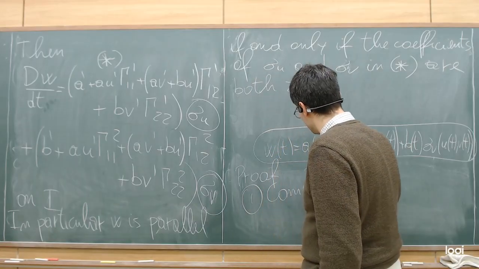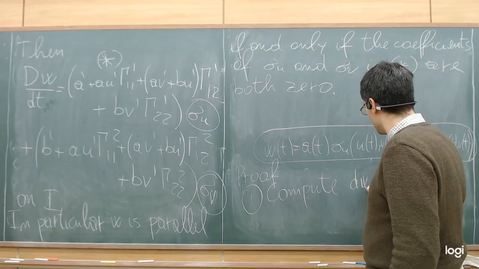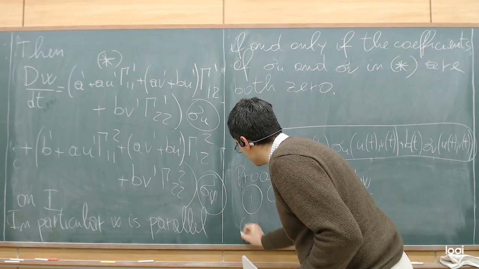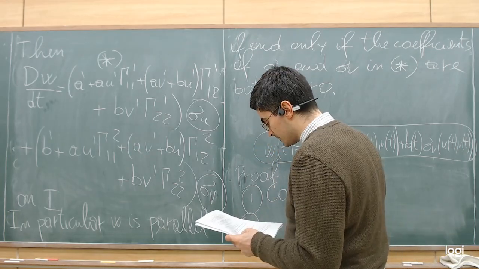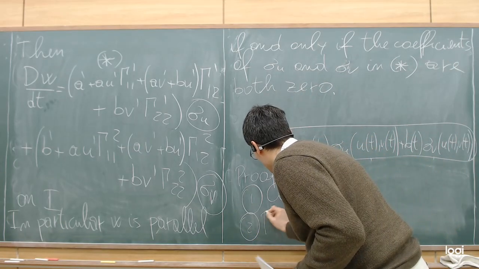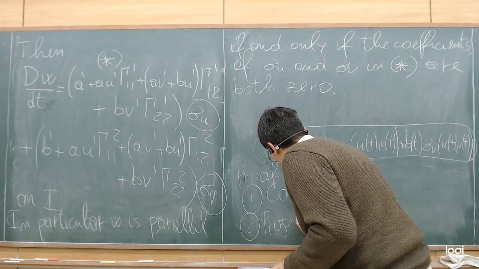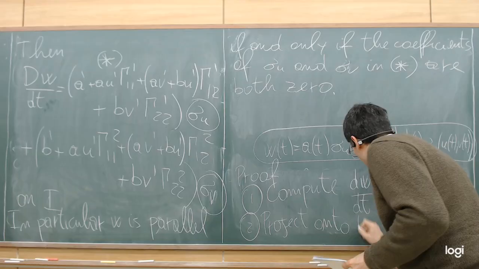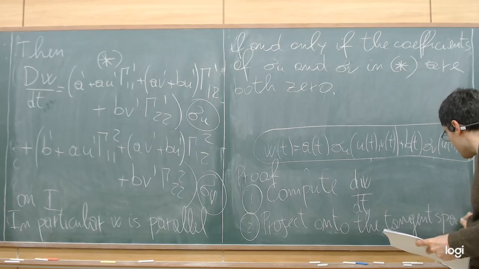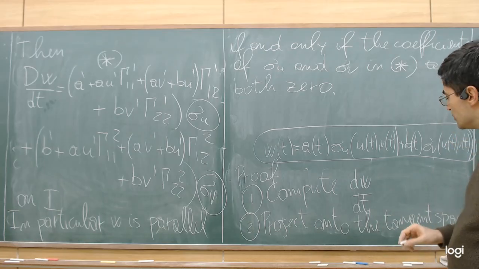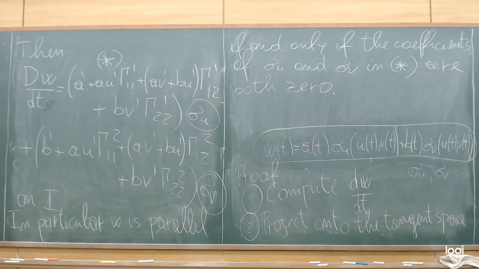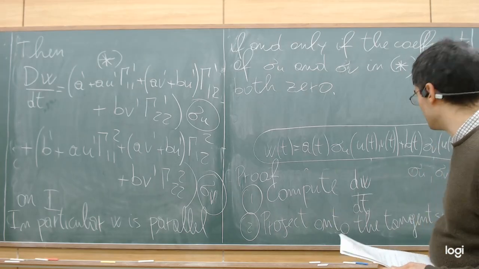You compute dW dt using the chain rule, and project onto the tangent space, that is, take only the components which are parallel to sigma u and sigma v, and then use the definitions of Christoffel symbols I gave before.